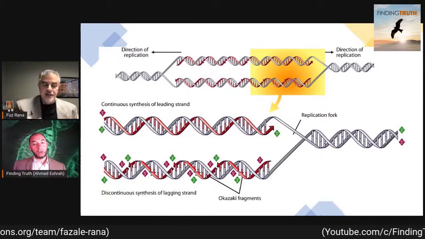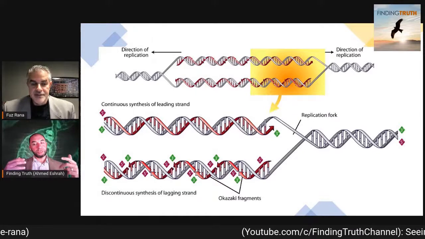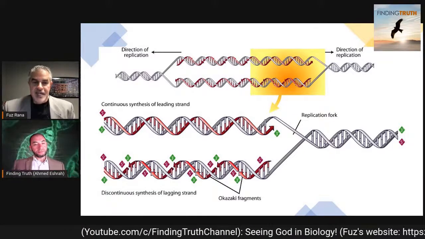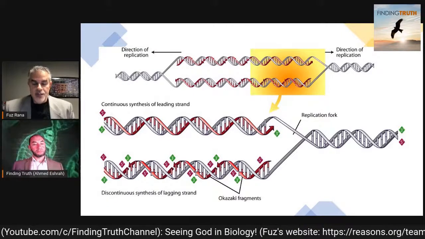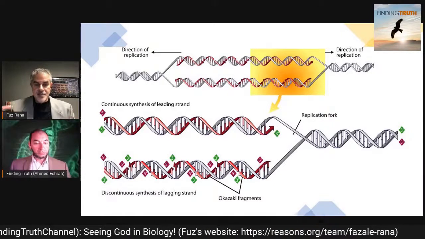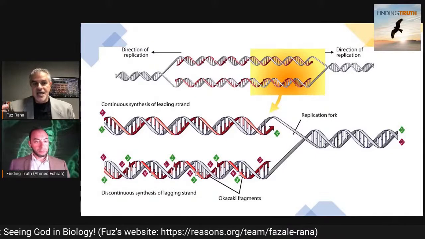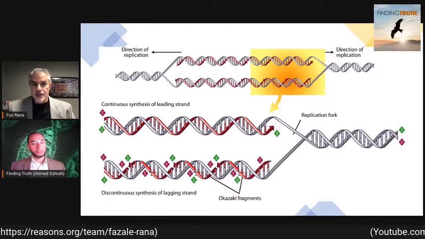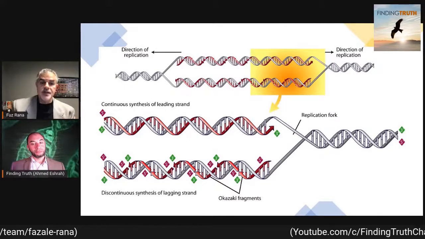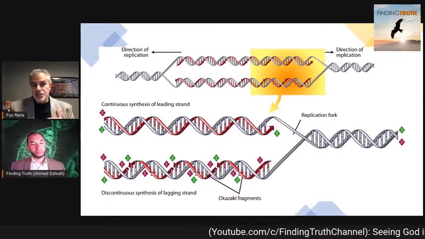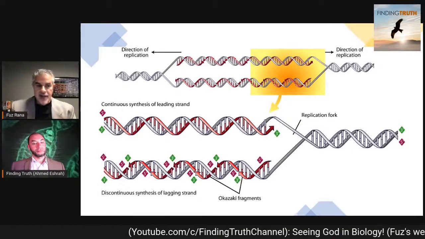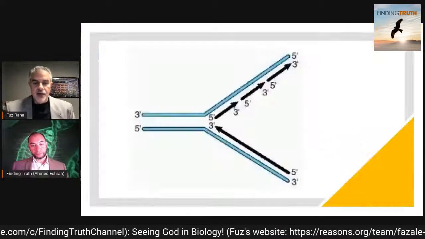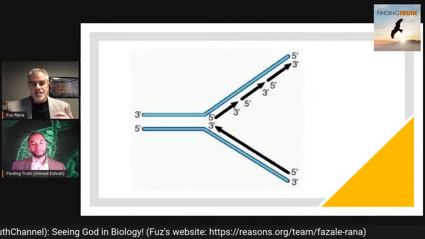Those fragments will need to be stitched together one way or the other later, right? Oh yes, they will. Eventually once the process is completed, there's an enzyme called DNA ligase that will go in and join them all together. But this is called the discontinuous strand or the lagging strand, because the replication is lagging behind on that particular strand.